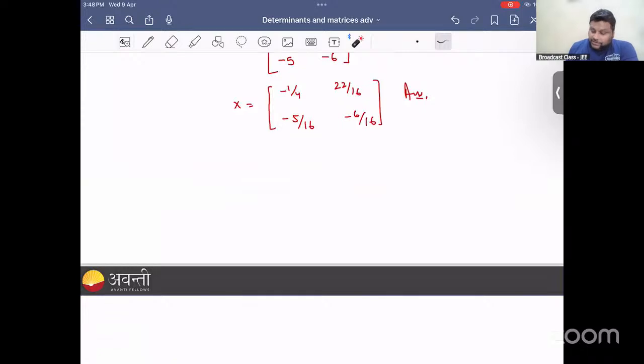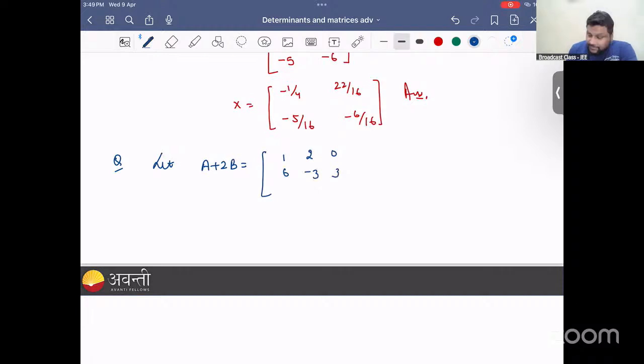Now one question for you. Let A plus 2B is equal to the matrix 1, 2, 0; 6, minus 3, 3; minus 5, 3, 1. And 2A minus B is equal to the matrix 2, minus 1, 5; 2, minus 1, 6; 0, 1, 2.